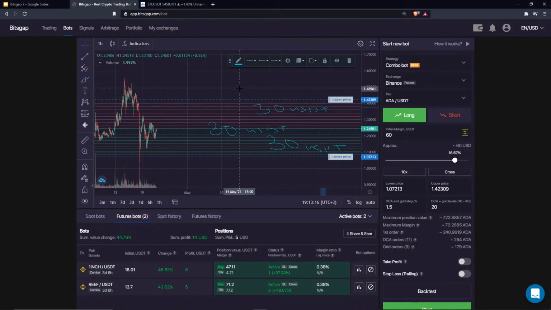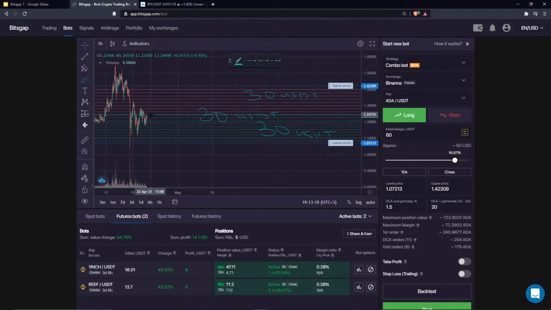And another thing is that if the price falls, and remember that this is our long bot, it triggers all of these DCA buy orders, and if it goes even lower, then here you can see the bot taking more. It can open new DCA buy orders to increase the total market exposure.